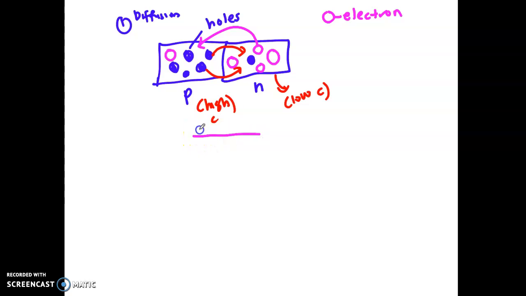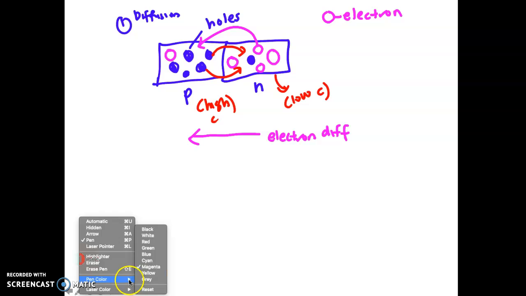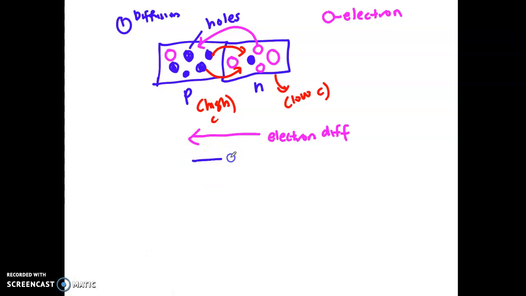Towards the left is electron diffusion, and towards the right is hole diffusion. The concept of diffusion here is from high concentration to low concentration. So this is number 1: the diffusion of electrons and holes in both ways.